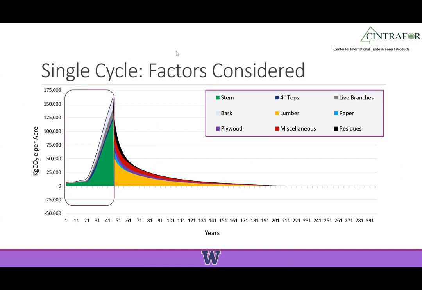So the left-hand side of the graph shows standing biomass in the forest over a 45-year period. You can see that the first 15, 20 years, the carbon storage in the forest is very low. This shows the carbon getting stored every year and accumulated carbon.